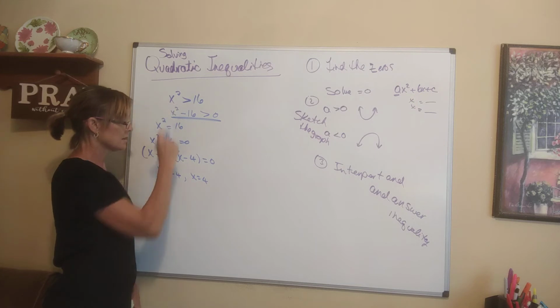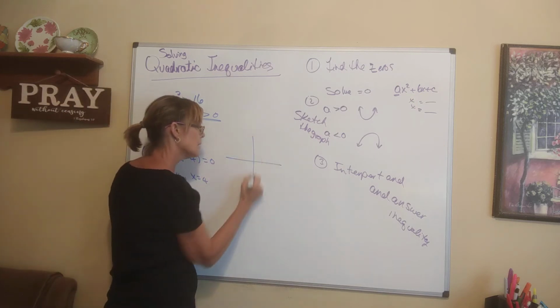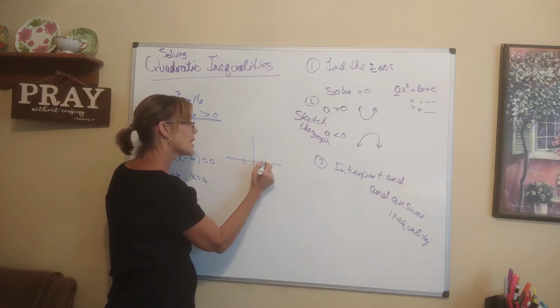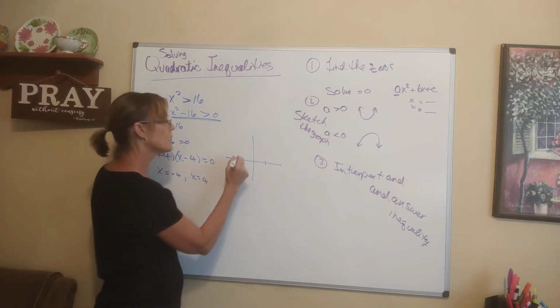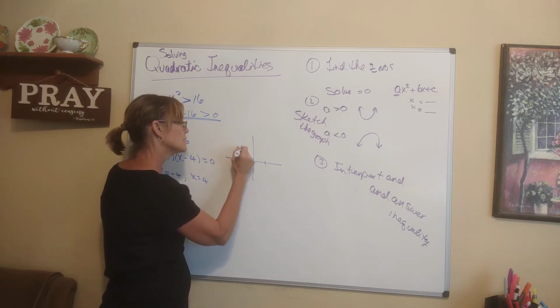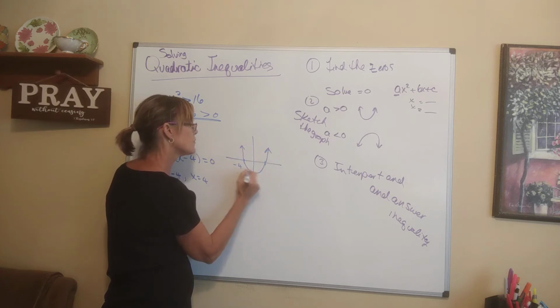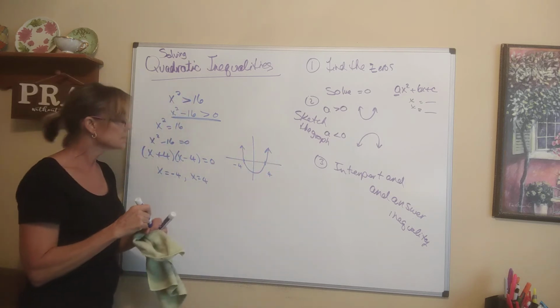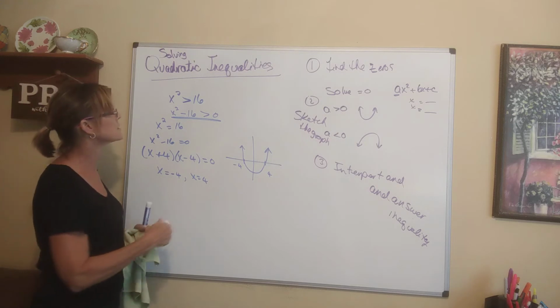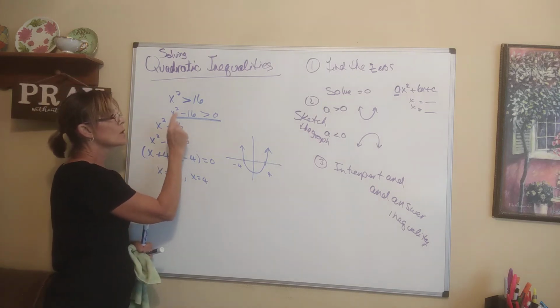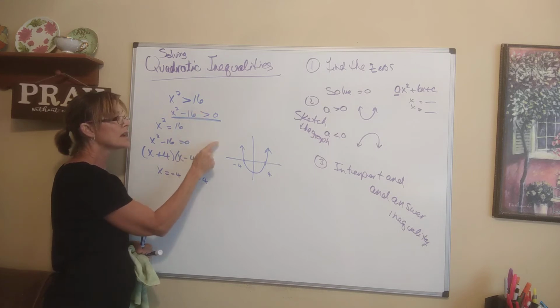This parabola is facing up, okay, and it looks like it's going to pass through -4 and 4 because these are the zeros. So it's going to go here and here. This is what it's going to look like. This is -4 and this is 4. Now we need to simply answer the question. The question is, for what x values is this parabola positive, above the x-axis?